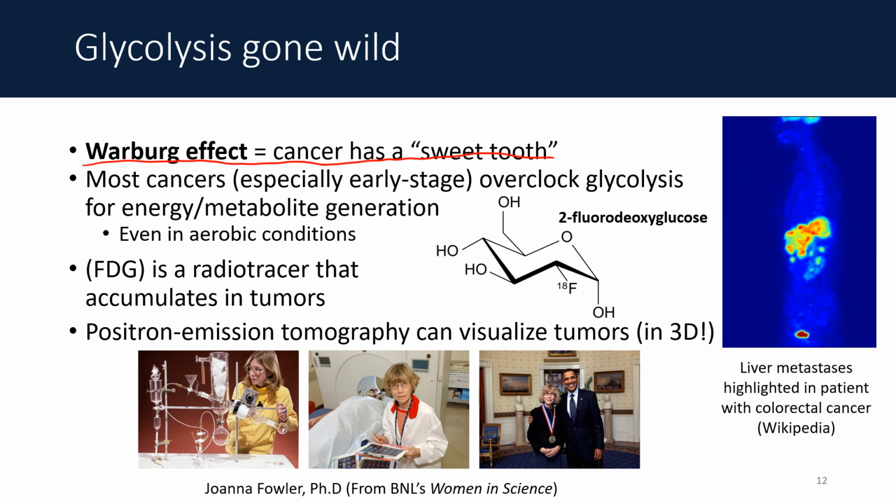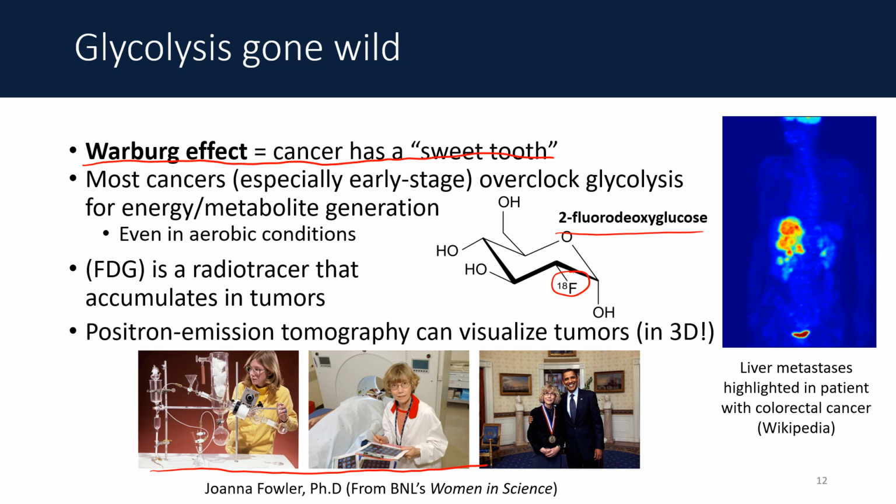And in the field of medicine, we've actually learned to capitalize on that for diagnostic purposes. Dr. Joanna Fowler, who I've actually had the privilege of working for at one point, discovered with a team of scientists a new way to synthesize a radio-labeled glucose molecule that can be injected into patients. There's a radioactive fluorine inserted in the second position. It's called 2-fluorodeoxyglucose.